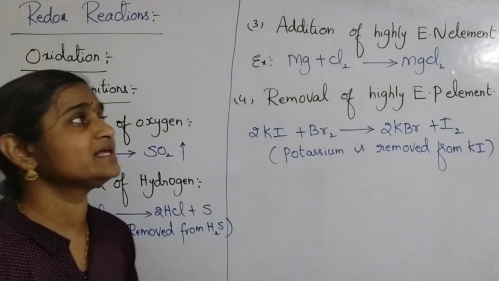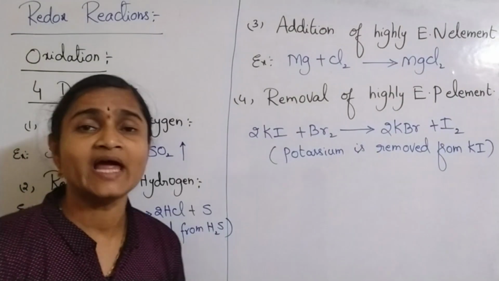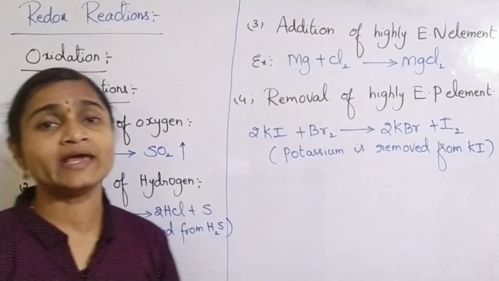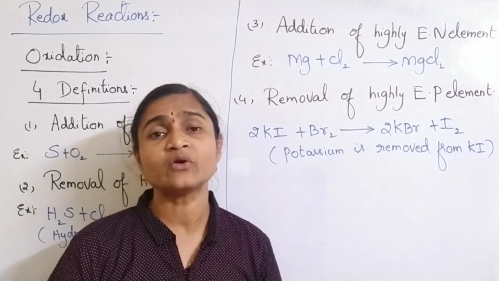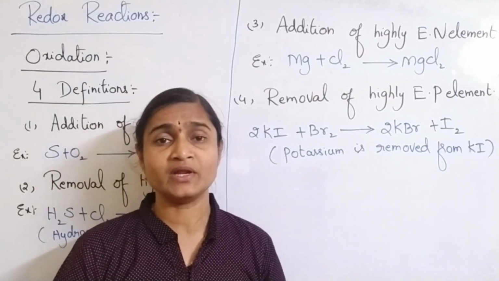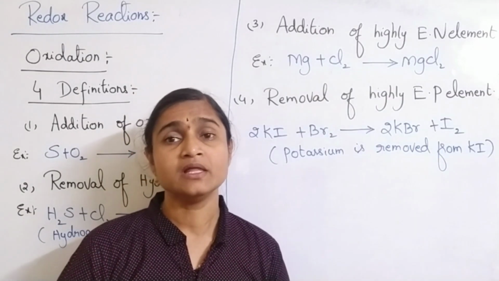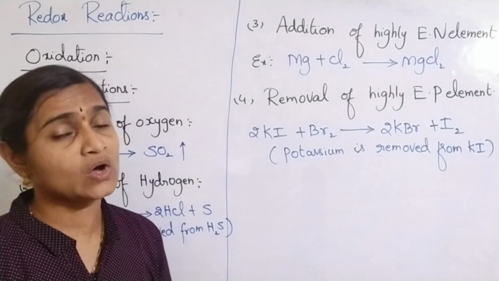Now, addition of highly electronegative element. Not only addition of oxygen, addition of a highly electronegative element is also called oxidation. Examples of highly electronegative elements are fluorine, oxygen, nitrogen, chlorine, the Pon-Cl elements. If these are added, then also you can call it an oxidation reaction.